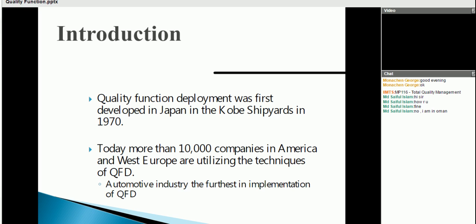The topic that we will be learning today is quality function deployment. What is quality function deployment?